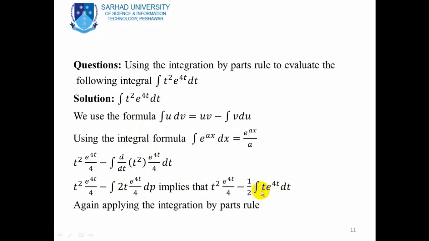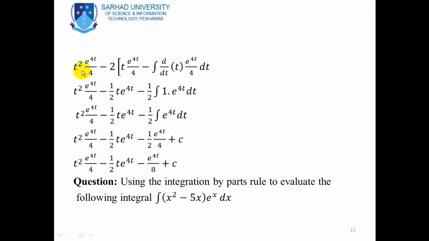Now again we obtain the integration of t e^(4t), which is in product form. So again t is considered the first function: t^2 e^(4t) divided by 4, minus 2 times t as the first function as it is, and the integration of the second function, e^(4t) divided by 4, minus the whole integration of the derivative of t, which is 1, and the integration of e^(4t), which is e^(4t) divided by 4.